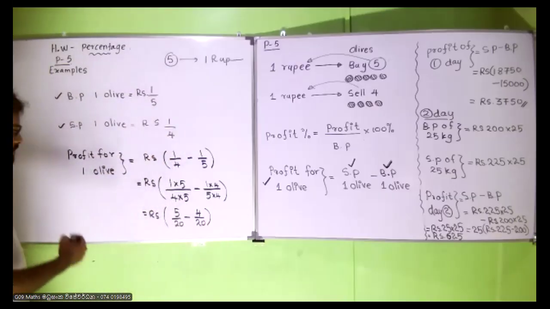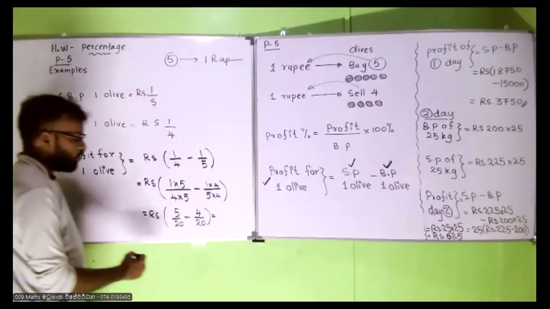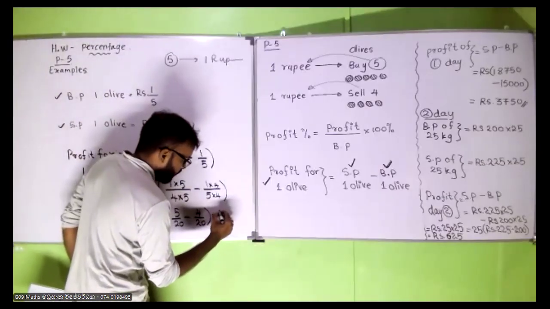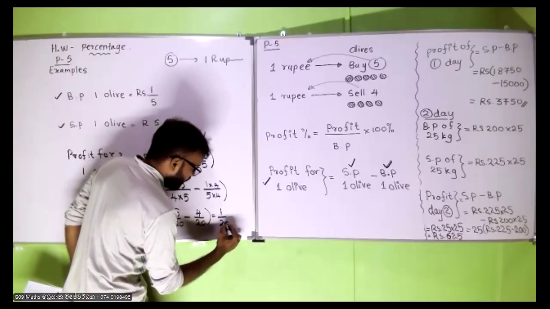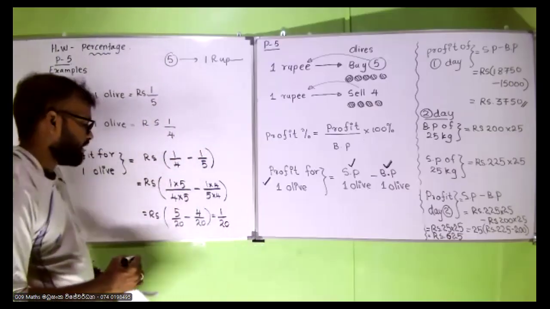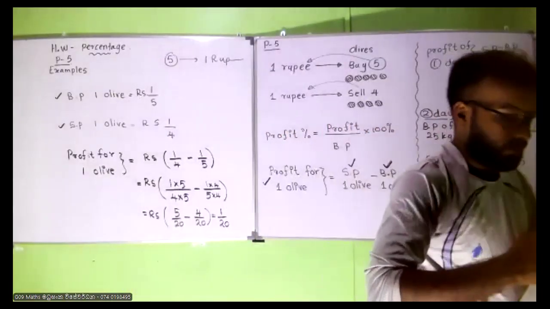Right? So the profit for 1 olive is 1 upon 20. Right? That is the profit for 1 olive, 1 upon 20.